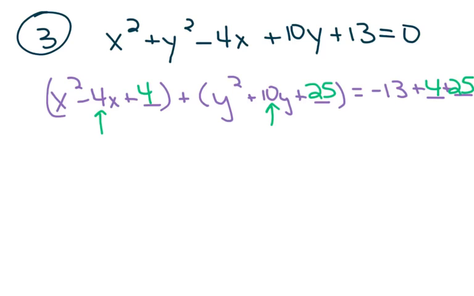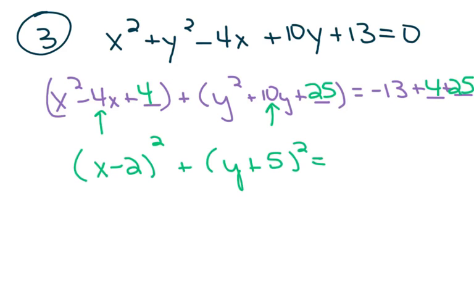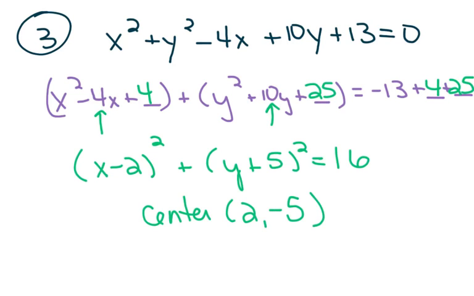The reason we create perfect square trinomials is because they're really easy to factor. This factors into x minus 2 squared, and the second one factors into y plus 5 squared, and then the other side simplifies into 16. Now that's an equation that I understand. Now I can tell you the center is at 2, -5, and the radius is 4.